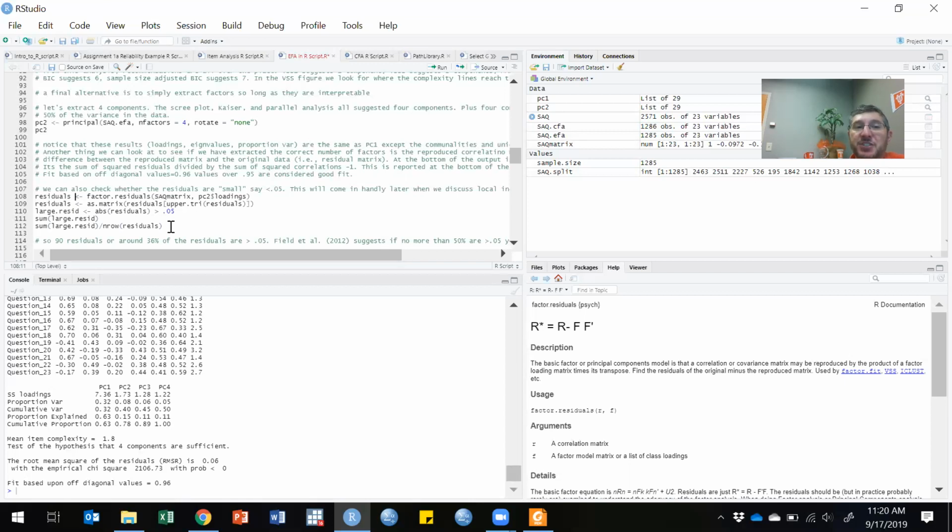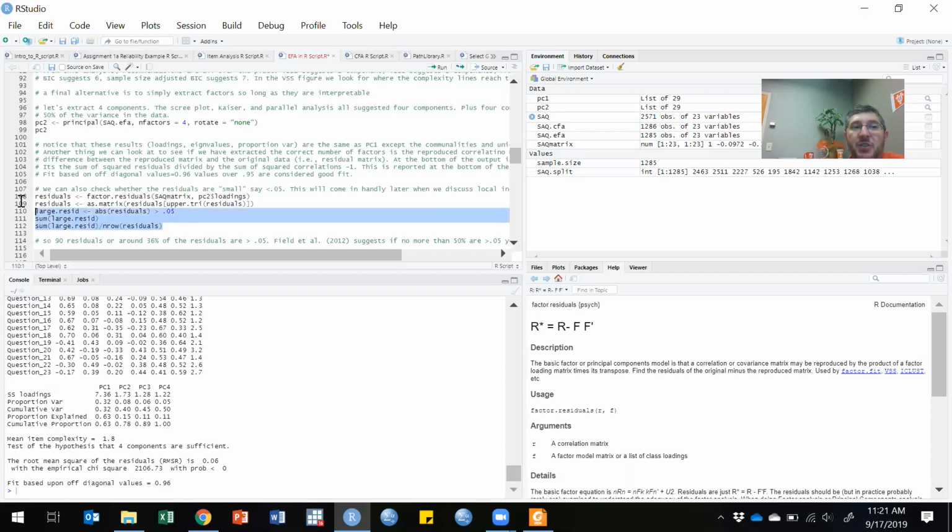So here I basically just wrote some code that's going to look for large residuals. Since I'm only looking at the upper half of the correlation matrix, I want to take the absolute value of the residuals because the correlation can be positive or negative.